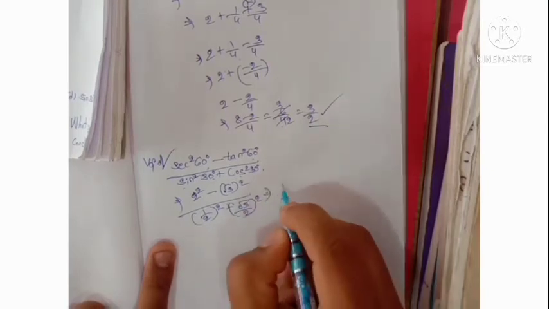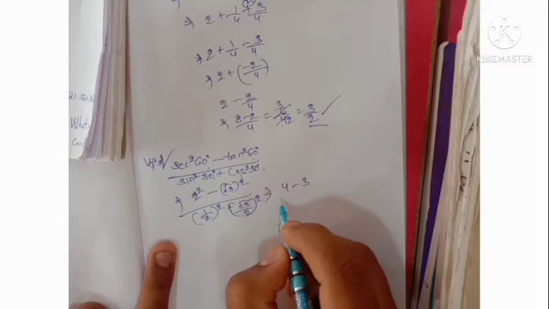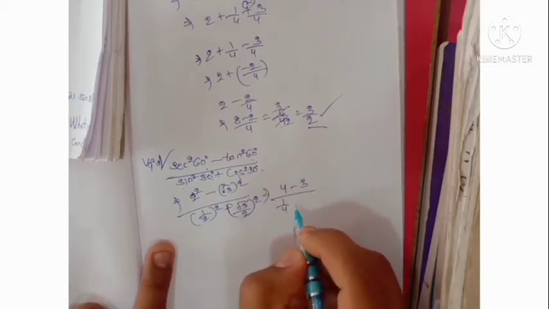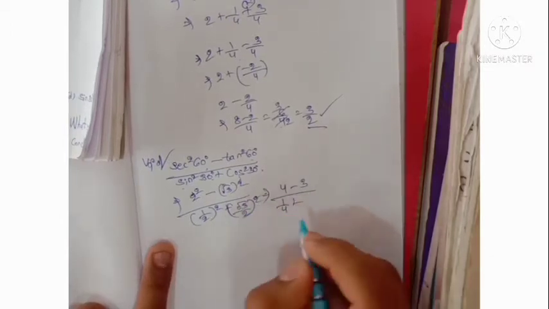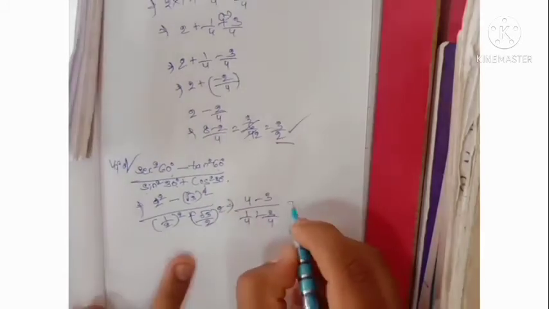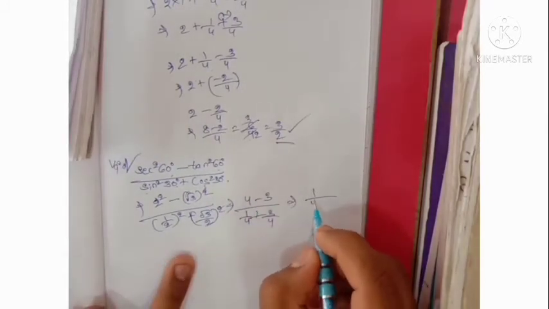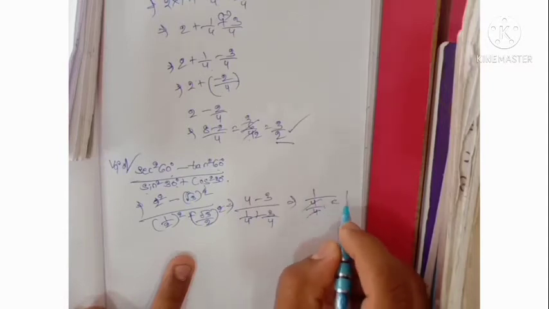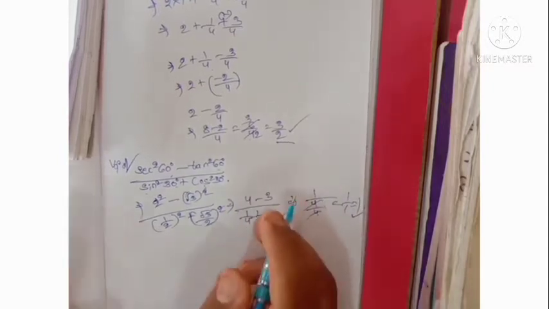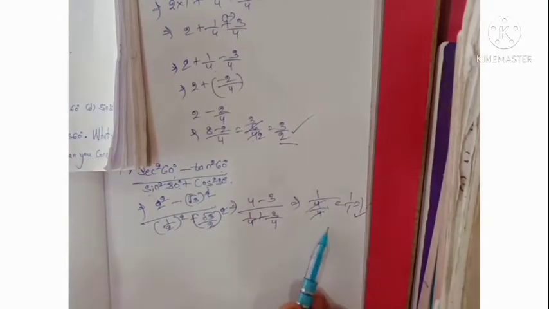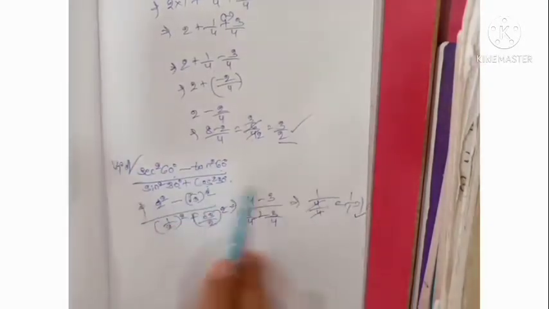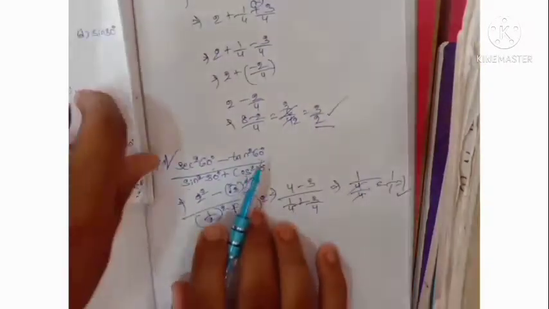It implies 4 minus 3, square root gets cancelled, by 1 by 4 plus 3 by 4. 4 minus 3 is 1, by 1 by 4 plus 3 by 4 means 4 by 4, which is 1. 1 by 1 is 1. Answer 1. Okay. Simply you can say 1 can be written in this form also.